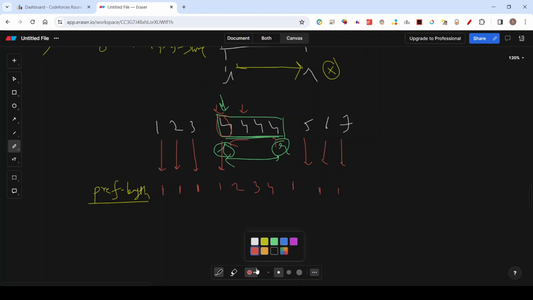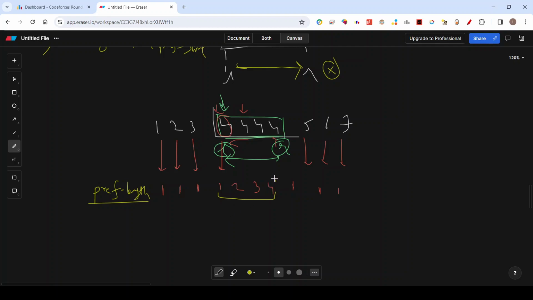Now can you observe a pattern? If I query from this L to R, can you, in order of 1, tell me whether all elements are equal or not? If you carefully look at this, what can I do?